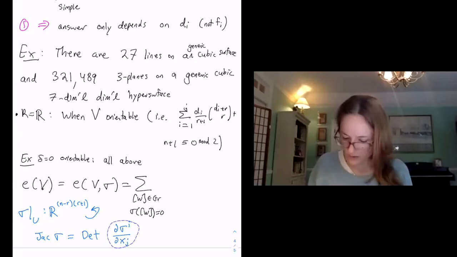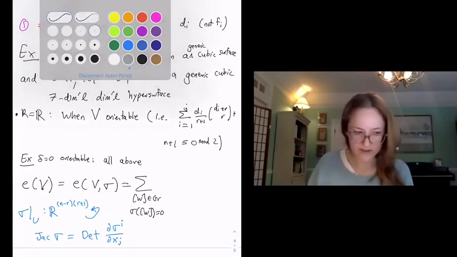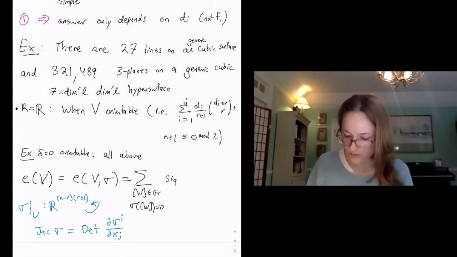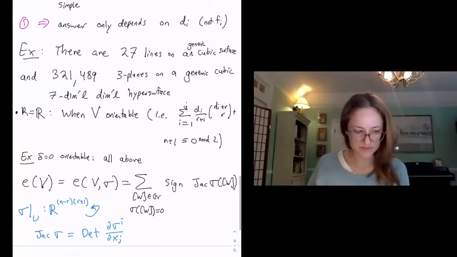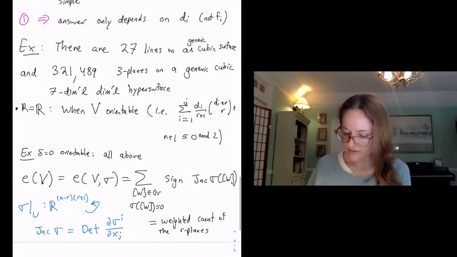And then the local degree is the sign, +1 when it's positive, -1 when it's negative, of this Jacobian. And so what this gives is some +1s and some -1s. This is a weighted count of the R-planes, and it's also a lower bound.